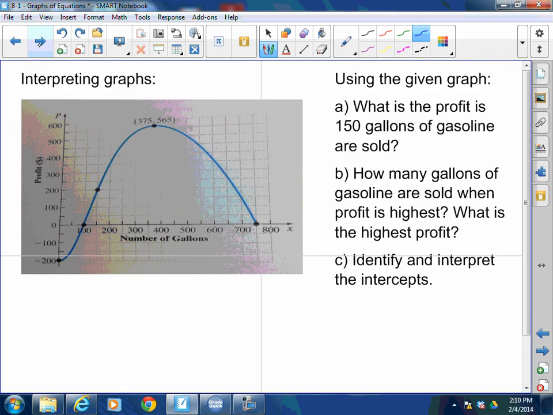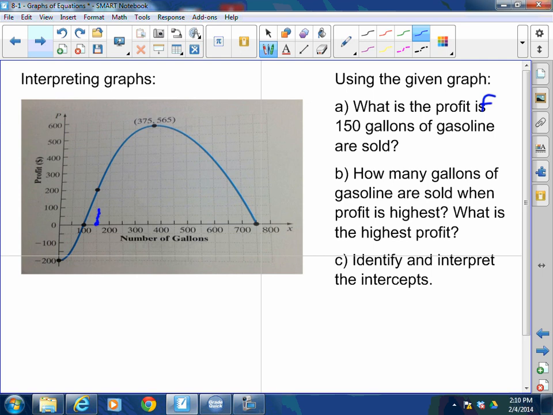Okay. Last example. Let's interpret this graph. Using the given graph, what is the profit if 150 gallons of gasoline are sold? Well, let's look. Go to 150 gallons of gasoline, which is right here.